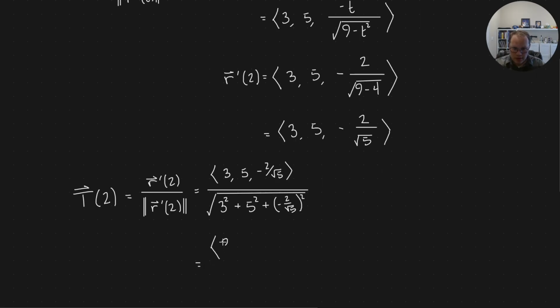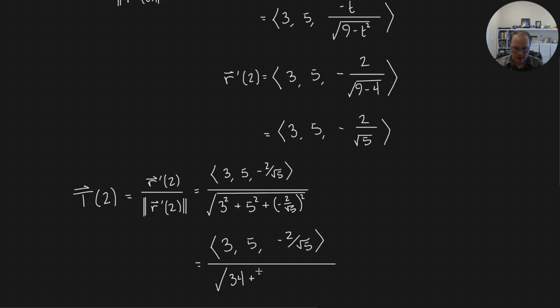So my numerator stays the same. In the denominator, I have 9 plus 25, that's 34. And then here, if I square this, negative squared becomes positive. 2 squared is 4, and square root of 5 squared is 5.